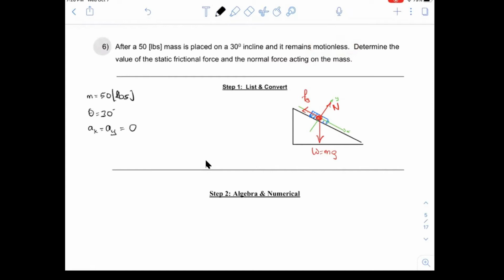There's no acceleration in this case. So what do we need? It says determine the value for the static frictional force and the normal force. So we need to figure out this and that. The frictional force, we want in terms of newtons and then figure it out in terms of pounds. And then we also have the normal force. Once again, let's figure that out. So we got 2 unknowns.